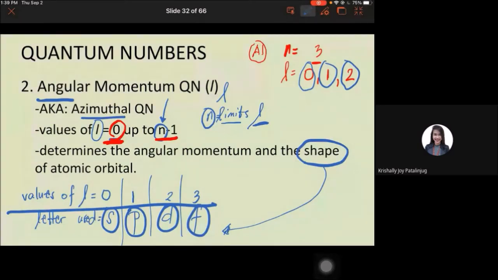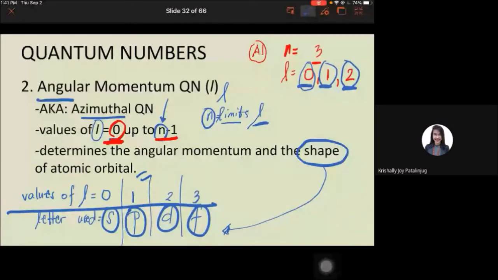Okay? So that is for angular momentum quantum number. Again, the angular momentum quantum number, the key term, it describes the shape. And what are the possible values of angular momentum quantum number? 0 up to n minus 1. Kailangan ang n value para makuha ang l value. Okay? And whatever l value you get, make sure you memorize the corresponding letter.